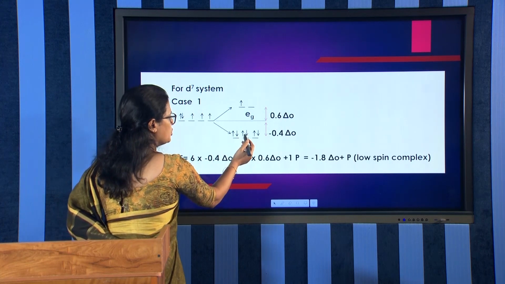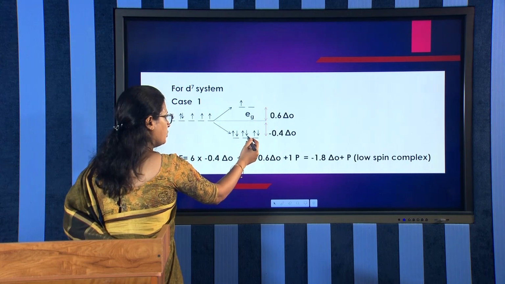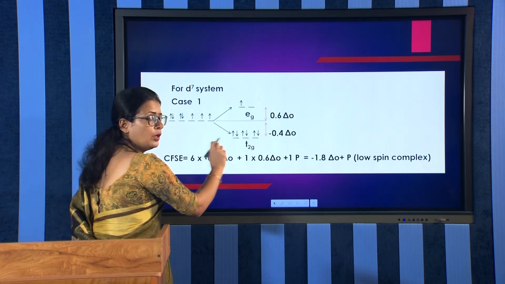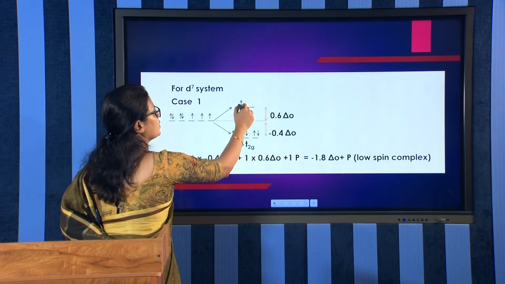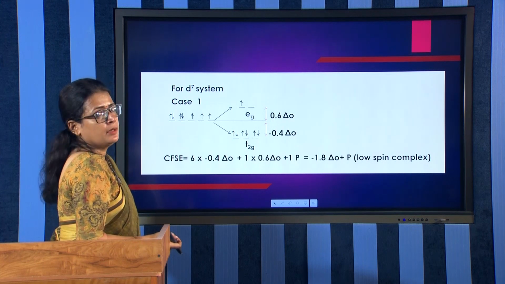While filling 1, 2, 3, we pair the 3; the 4th is paired, the 5th is paired, the 6th is paired, and now all the d orbitals in the t2g set are paired. The extra electron, the 7th electron, goes to the eg orbital. This is the low spin complex.